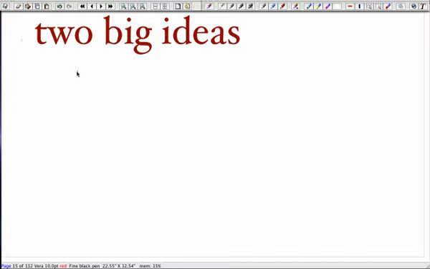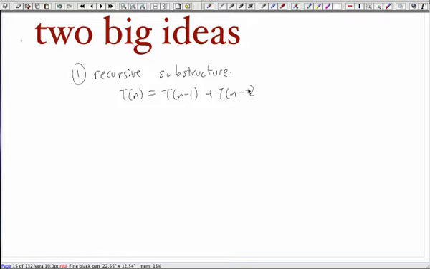The big ideas are that a problem has some recursive substructure. Okay? In this case, it meant T of n was equal to, okay? So the point is that the optimization problem that we're trying to solve has some sort of recursive structure. The solution of a problem of size n can be expressed as some function of the solutions of smaller problems.